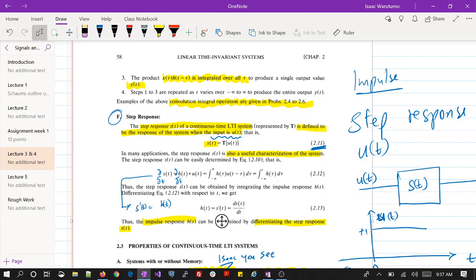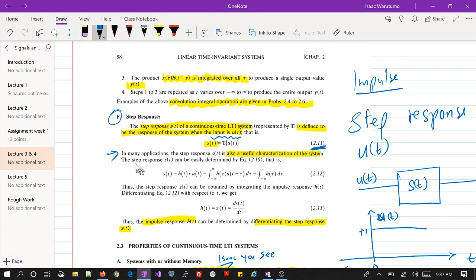The response s of t can be easily determined by equation 2.10, such that the step response s of t can be determined from equation 2.10, that is s of t is equal to h of t.